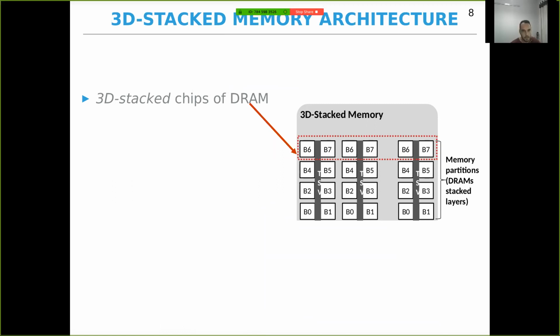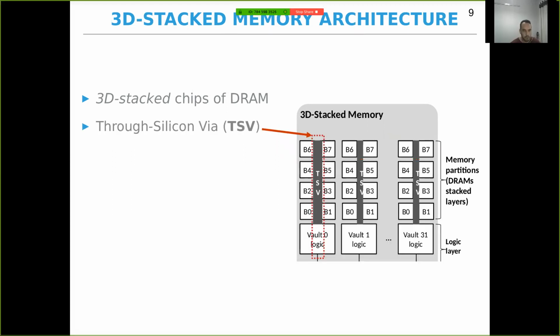It is composed of 4 or 8 DRAM chips, and these chips are stacked together forming a memory structure like a cube. And now the DRAM chips are also connected through silicon vias, a new kind of bus technology.